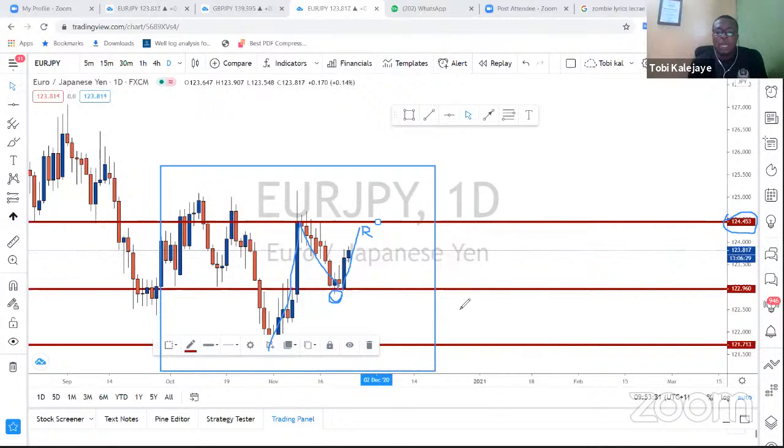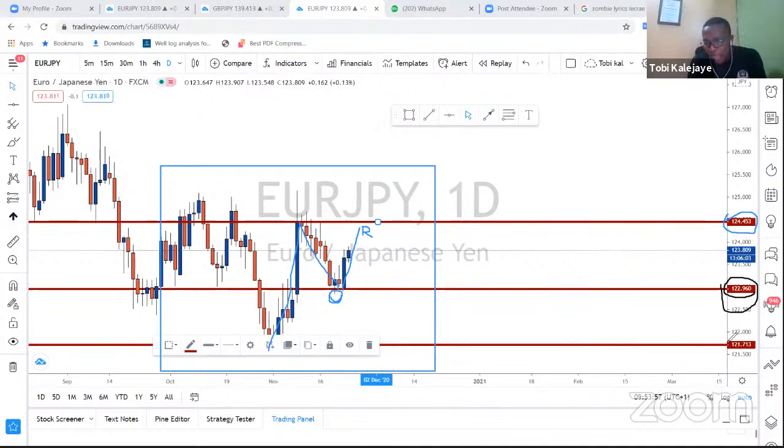124.453. If you look at this other level, let me mark that one with black. This other level that we marked out shows that price is at 122.960. That's the exact support and resistance point right over here.